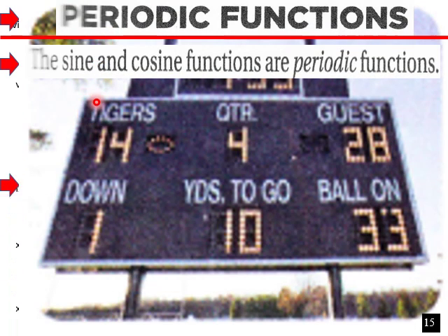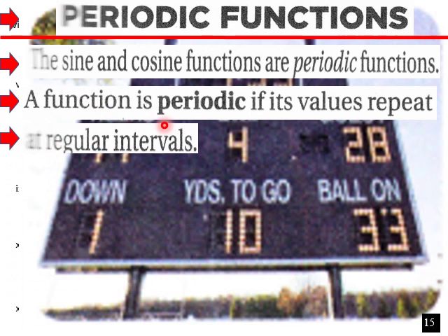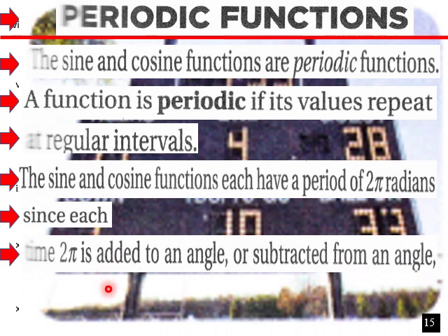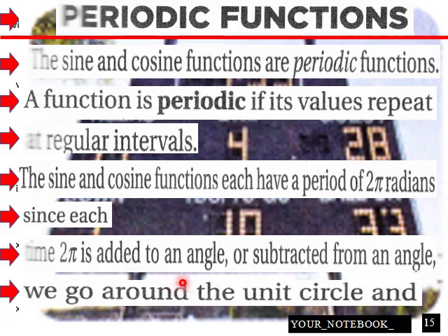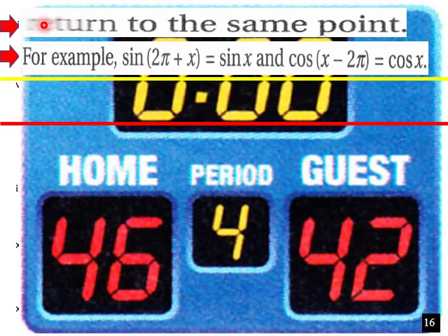Periodic functions. The sine and cosine functions are periodic. A function is periodic if its values repeat at regular intervals. The sine and cosine functions each have a period of 2 pi radians, since each time 2 pi is added to an angle or subtracted from an angle, we go around a unit circle and return to the same point.